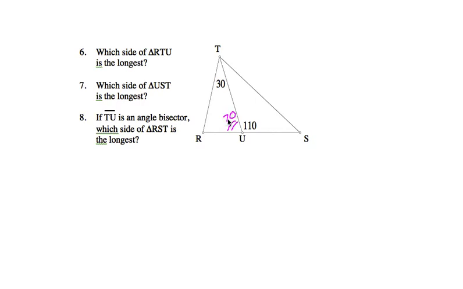So this angle is 70, because 70 plus 110 is 180. I only get 3 angles inside of a triangle, so 70 plus 30 is 100, leaving me 80 degrees for this angle. So now that I have some angles, I can compare the sides. 80 is the largest angle, so across from the 80 would be my longest side, which is side TU.